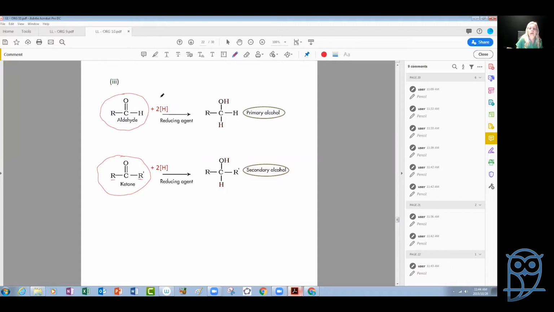Now if this aldehyde or ketone reacts with sodium tetrahydroborate, what happens is they are reduced. And how do we write the reduction reaction in organic chemistry?